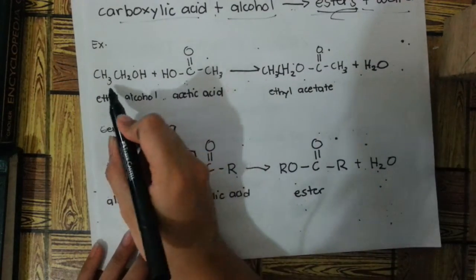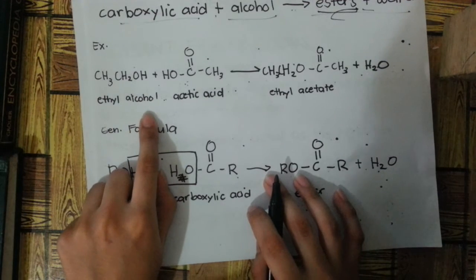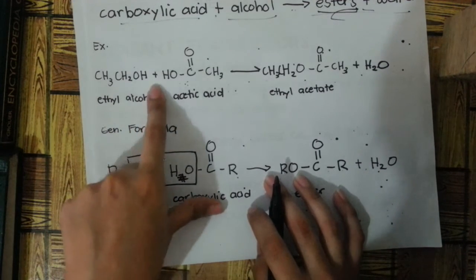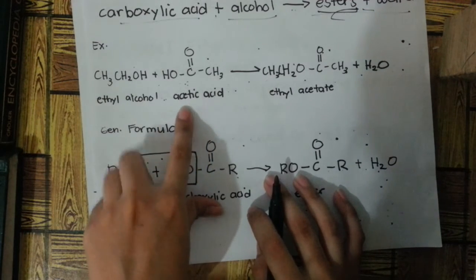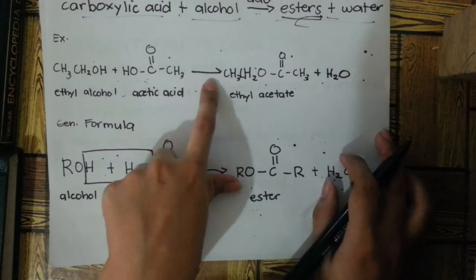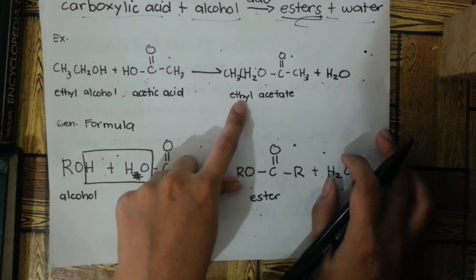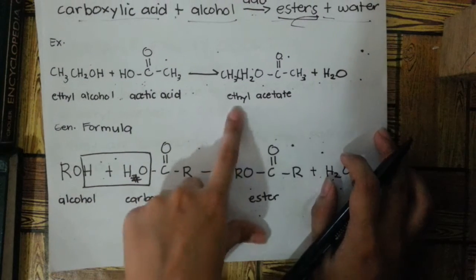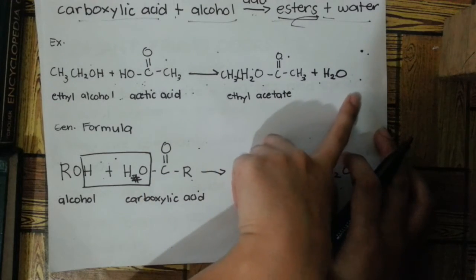In this particular example, we see that ethyl alcohol, an alcohol reactant, is added to acetic acid, which is an example of a carboxylic acid. Then it goes through a process known as esterification, in which it will create ethyl acetate, an example of esters, and water.